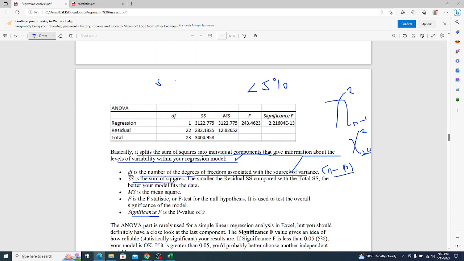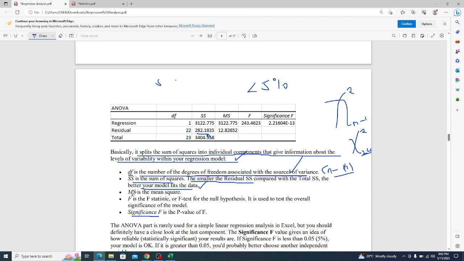Then we have the sum of squares. We usually say that the smaller the residual compared to the total sum of squares, the better the model fits your data.